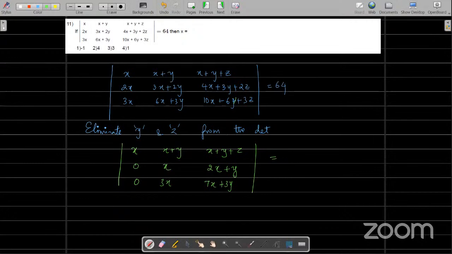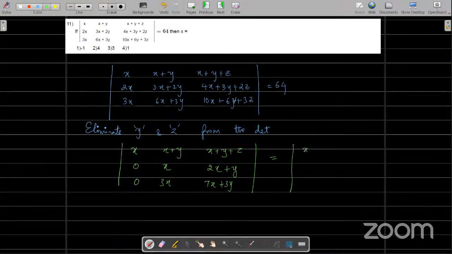Okay. And still, maybe there is still y here in this expansion. So I need to check if I can eliminate that. So one way to eliminate that is to multiply by 3 the second row and subtract from row 3.